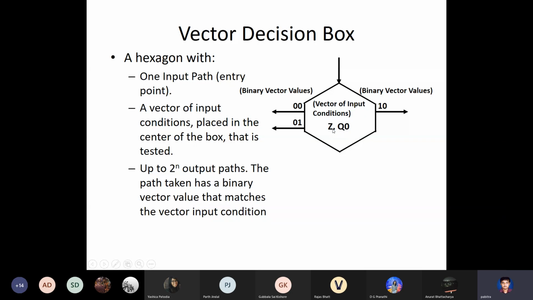Note that there may be don't care here also. You can also specify don't care if some bit combination is not mentioned. That's basically a don't care. So this is basically a multi-bit decision, or you can also think of it like a case statement in C.